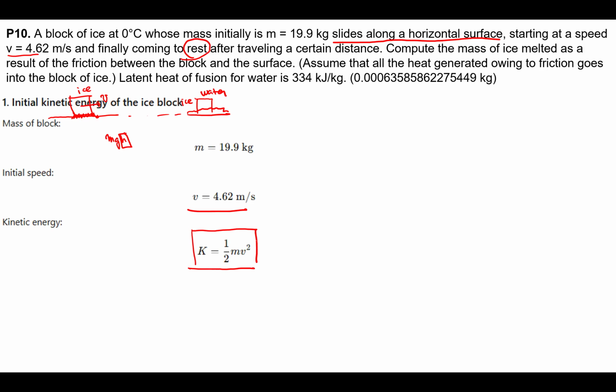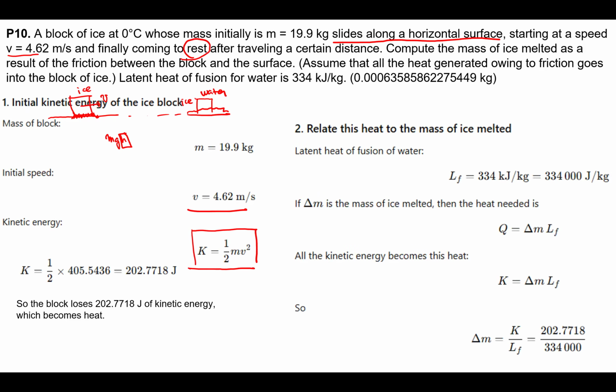So initially it had this kinetic energy, and then what we have to think about is that the melting is happening. When ice melts, we have to use the latent heat.